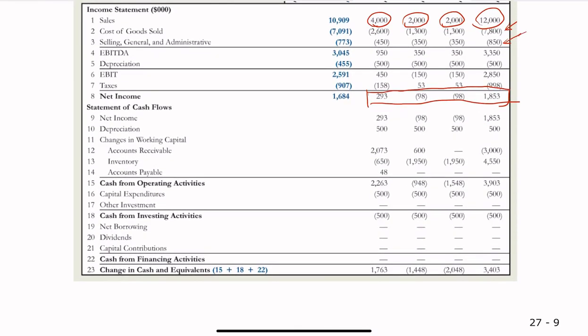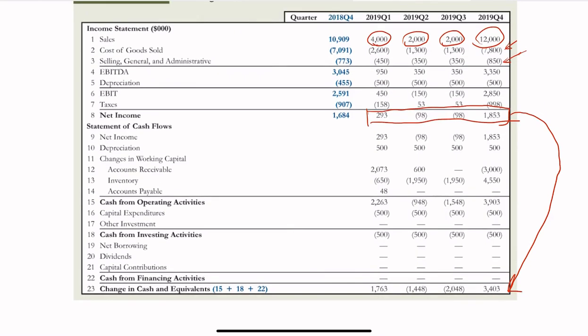And then this large variation in net income will translate into a large variation in the firm's cash flows. And you can also see that the change in working capital will magnify the variation in the firm's cash flows.